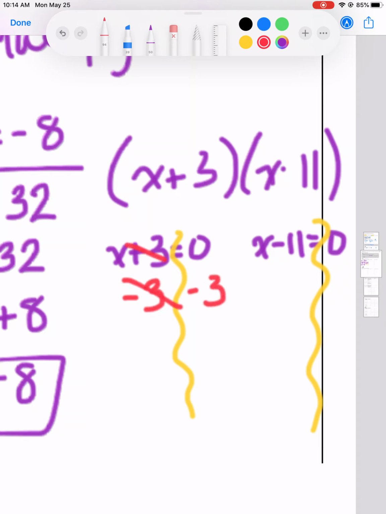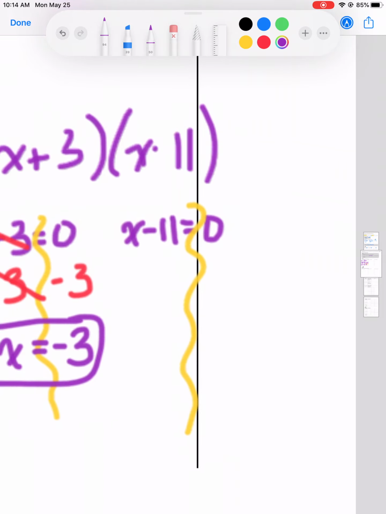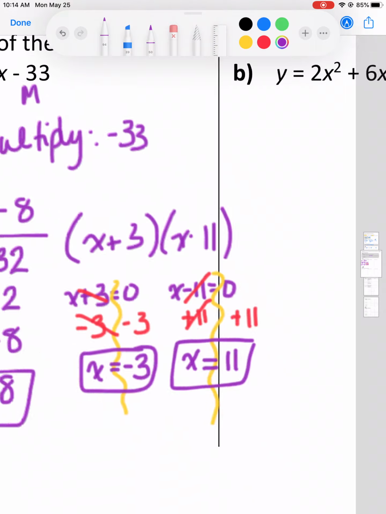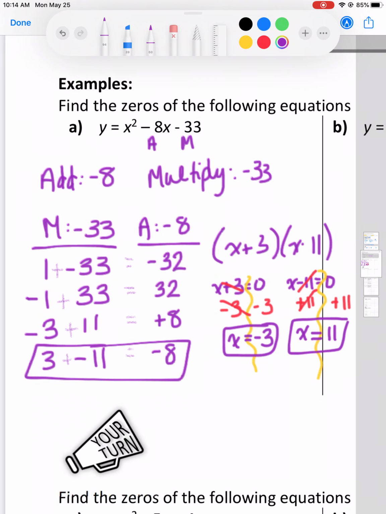So those two cross out. 0 minus 3 is -3. Okay, there's my first one. Opposite of -11 is +11. Those two give me 0, so I just cross them out. x is equal to 11. Okay, so those are my zeros. That means that's where this parabola crosses my x-intercept.